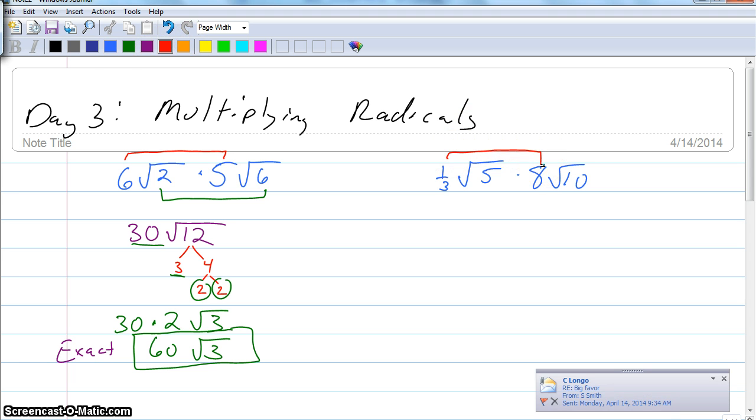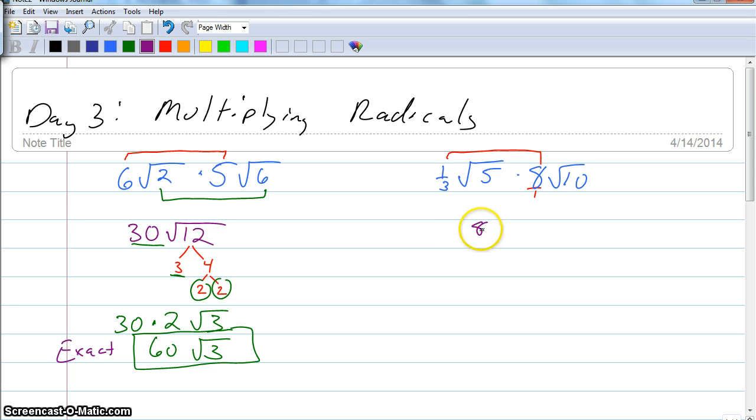What is a 1/3 times 8? 1/3 times 8. Now this is 8 divided by 1, yeah? So this would be 8/3 times, and then we're going to do root 5 times 10 because they're both in radical land. So this would be root 50.